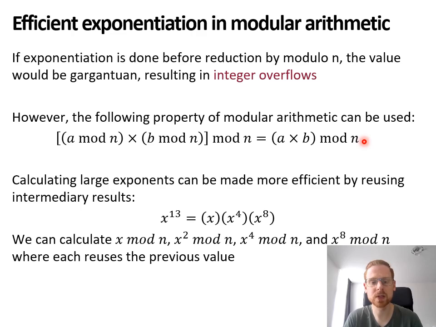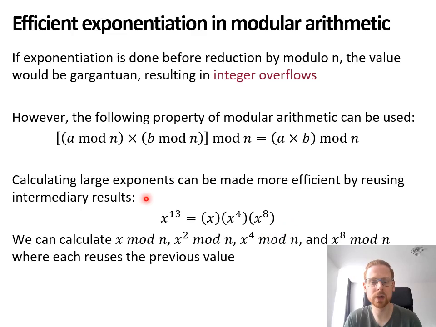The second aspect is the fact that we need to calculate large exponents. For example, in encryption, we need to calculate m to the power e, where e can be a very large number. We can, however, reuse intermediary results when doing such exponentiation. For example, here you see x to the power 13 equals x times x to the power 4 times x to the power 8.